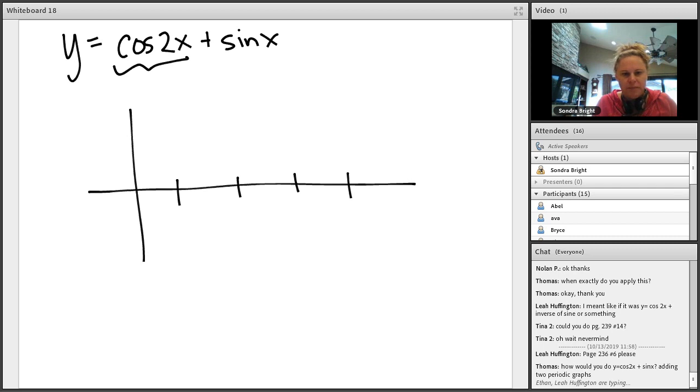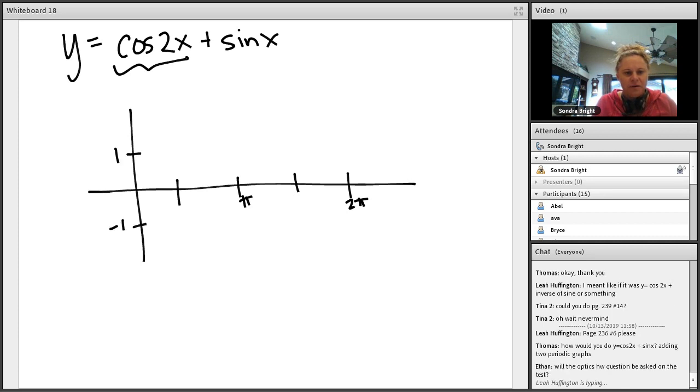So if I say that's 2 pi and pi, your sine graph will be here, here, here, here, here.